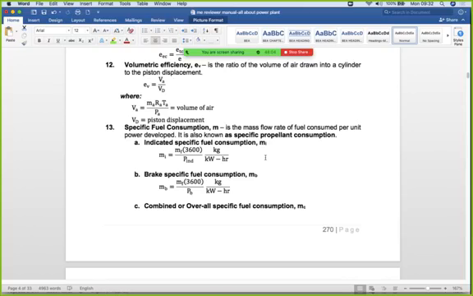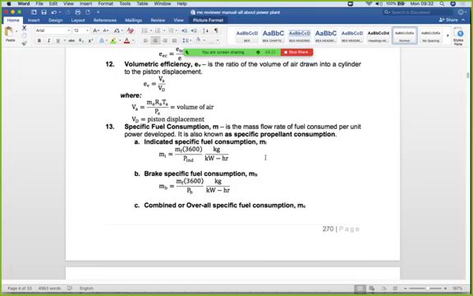If you are asked what is the indicated fuel, that is just the ratio of the mass of fuel divided by indicated power. We are talking about indicated here. So that's the relationship. What is the unit given? Kilogram per kilowatt hour.